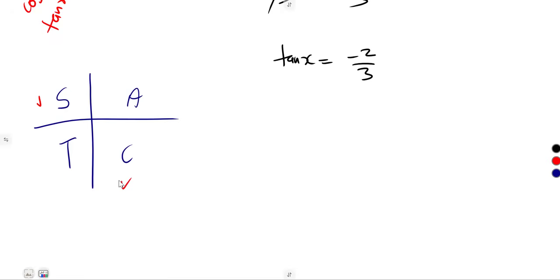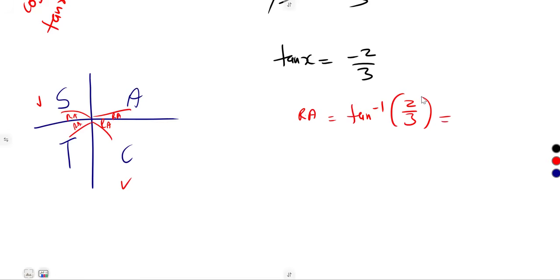So we need the reference angle first. Remember guys, I told you there is a reference angle in each and every quadrant. So what is that reference angle? It is simply arctan of the number given as the magnitude. You just consider its magnitude, 2/3. Don't worry about that negative, guys.